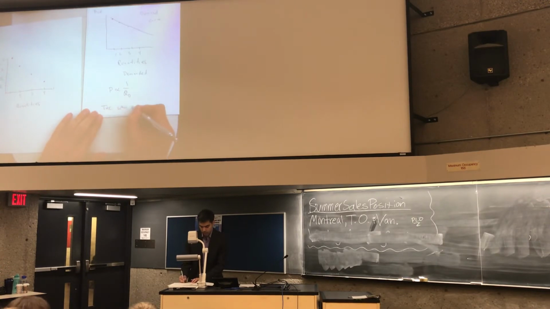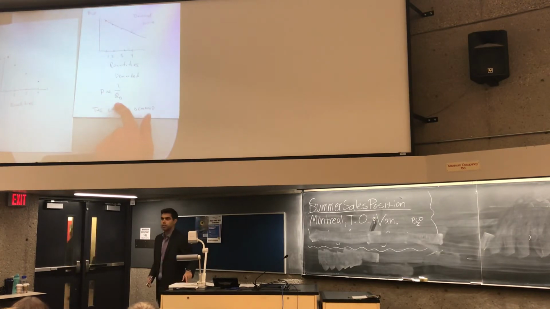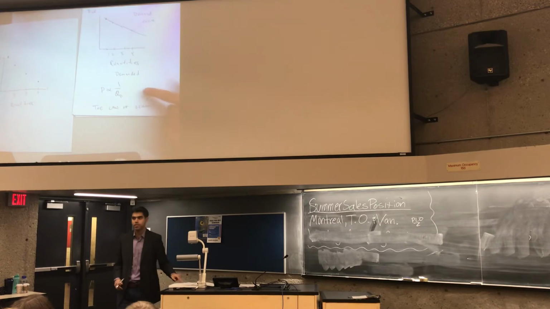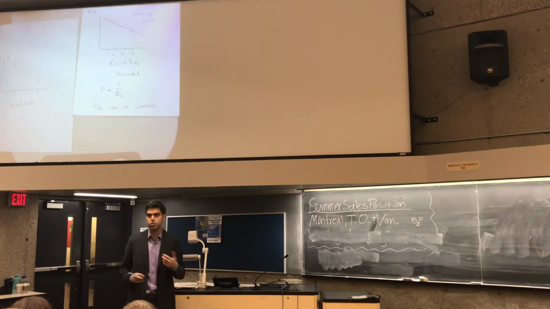The law of demand. Everybody's familiar with this terminology? Price, that's the proportionality sign, 1 over quantity demanded. Price is inversely related to the quantity demanded.